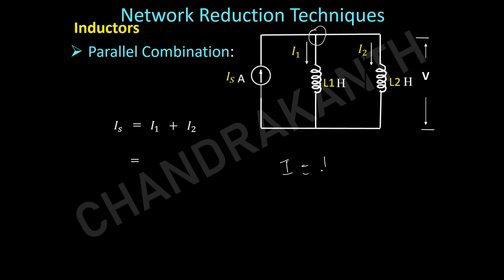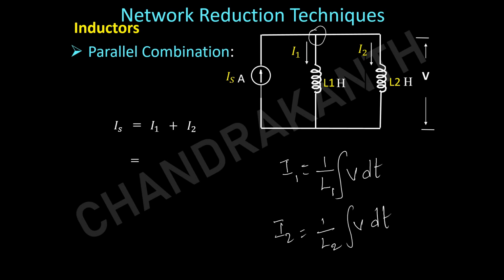That also we have seen: it is 1 by L integral V dt. That means I1 will be equal to 1 by L1 integral V dt, because voltage remains the same for all the branches. And your I2 expression becomes 1 by L2 integral V dt.